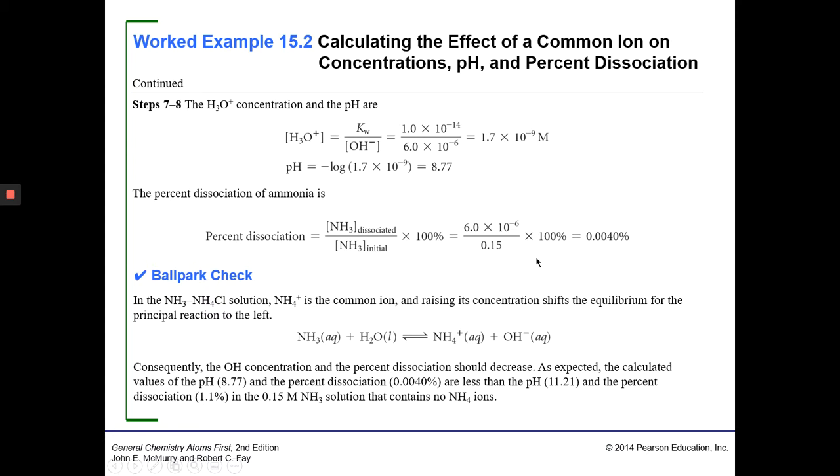We take that times 100%, and our percent dissociation is 4 times 10 to the minus 3rd. So we can see that the addition of all that ammonium, NH4 plus, suppressed the ionization of ammonia.